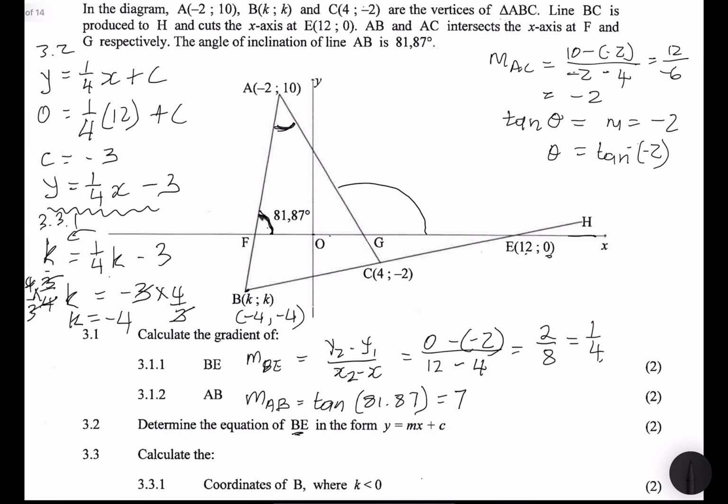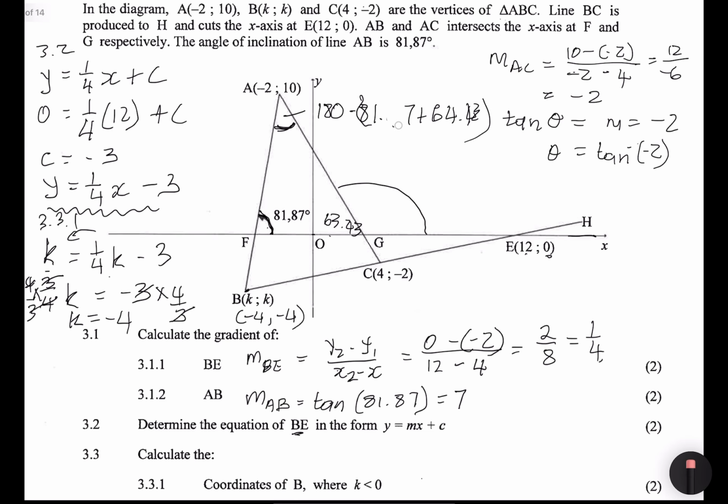But now, let me show you method number one. We know now that this is 63.43, so I can use angles in a triangle and say, to get this angle, I'm simply going to say 180 minus 81.87, plus 64.43. Sorry about that, a little bit of a mess there.